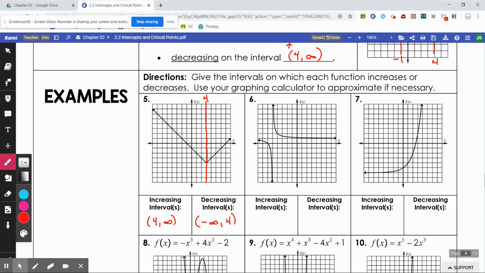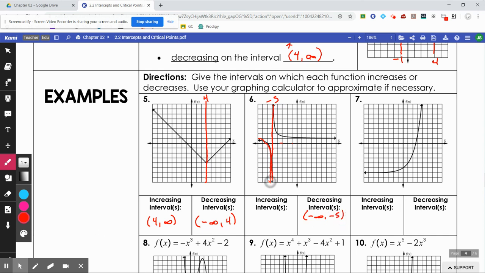The second one looks like, okay, we do have an asymptote line here that's going to be a little bit confusing. So let's zoom in and take a look at our graph. That line's going to be at negative 5. So my graph is going downhill, and it continues going downhill, and that's from negative infinity. So let's try that again. It decreases from negative infinity up to that line at negative 5.